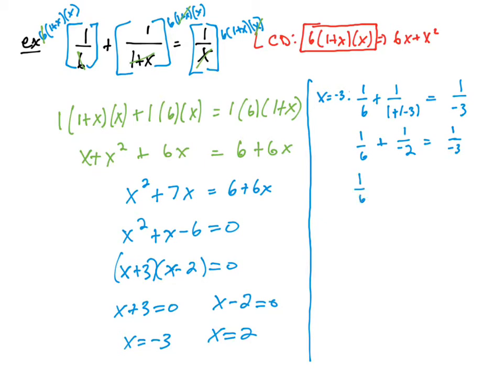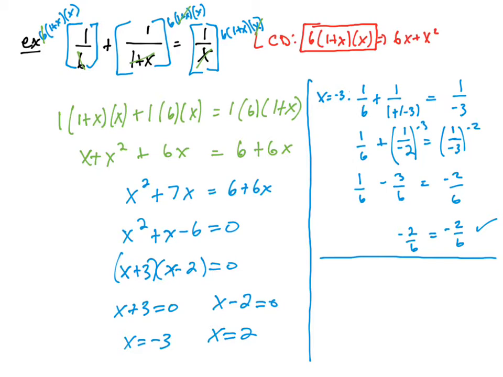So 1 over 6, and I need to multiply the top and bottom of the second fraction by negative 3, so we'll get negative 3 over 6. And on the right-hand side, we need to multiply by negative 2, so we get negative 2 over 6. And we get the left-hand side equal to the right-hand side. So that's good. x does, in fact, equal negative 3.